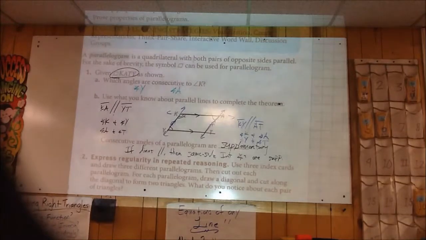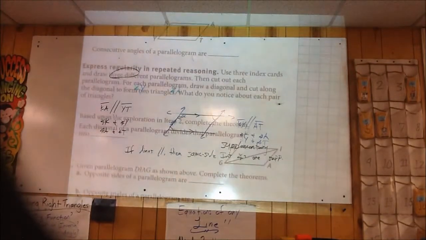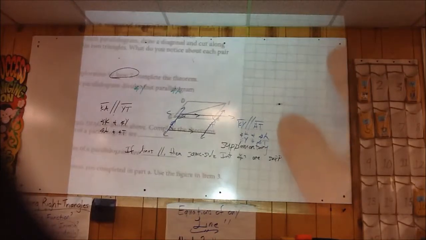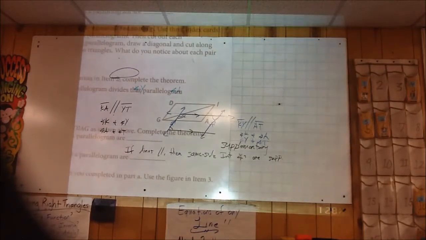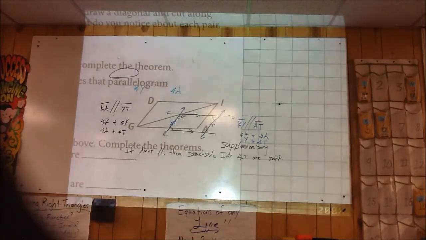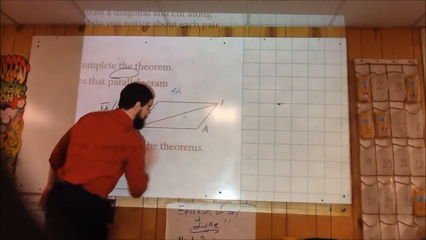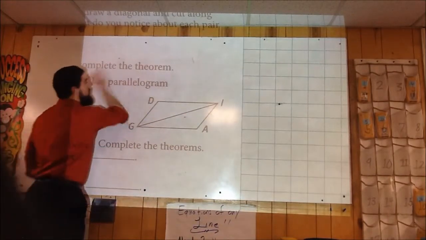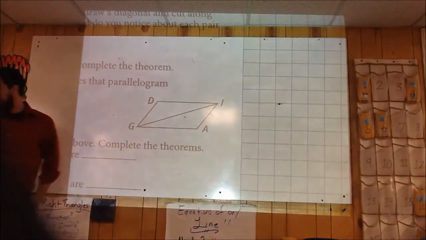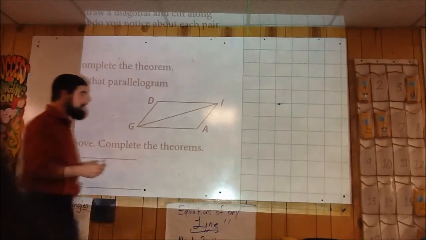In item 3, it says based on this exploration, in item 2, complete the theorem. So what they wanted us to do is they wanted us to investigate these triangles created by these diagonals. So let's say that this was our parallelogram. By definition, we know that the opposite sides are parallel.